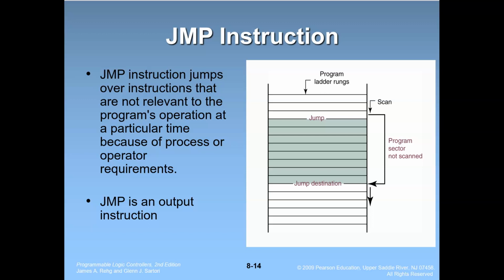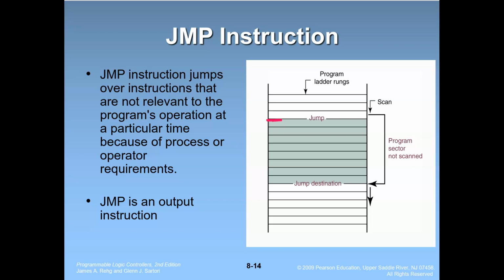What you can see here are different rungs of the program, and let's assume that somewhere, for example here, we have a jump instruction. We are going to talk about how the jump instruction works, but let's assume that the jump instruction is active. If the jump instruction is active, it will look for a destination, so it will jump to a destination.